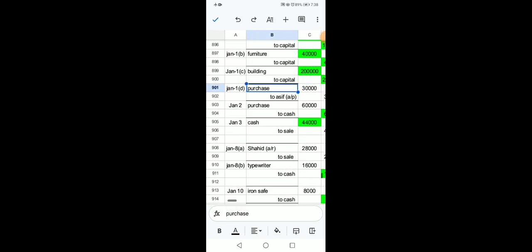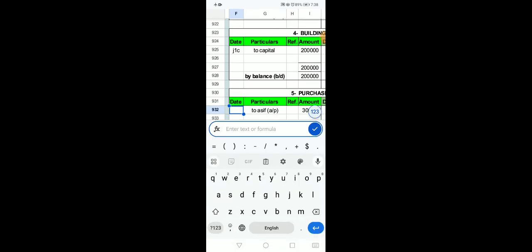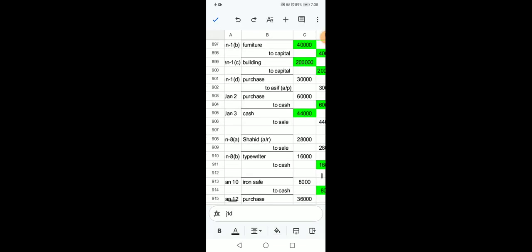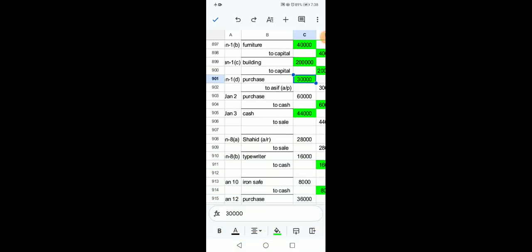Purchase was debited. Now let's see what the date is. It's January 1. So you are going to put the date as well. Purchase was required to be posted on the debit side. We have posted it, which means the 30,000 entry has been completed. Mark it as done.